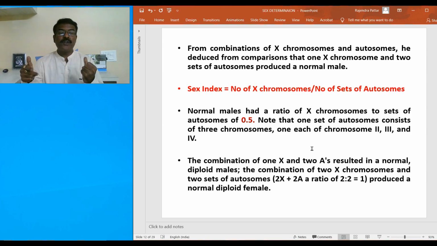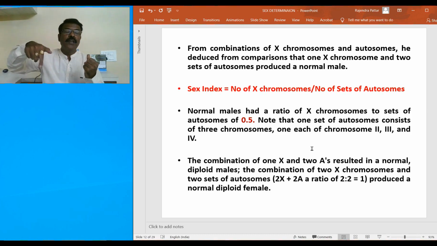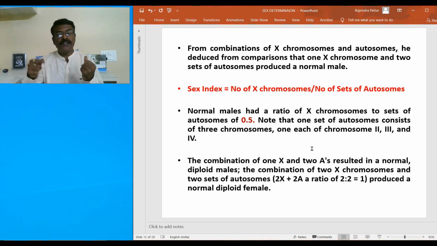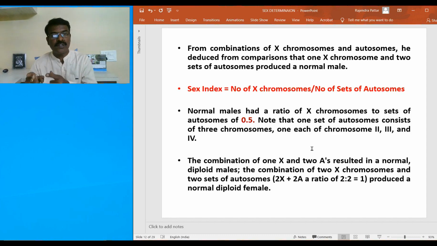Whatever genes express maleness are not present on the Y chromosome; they are present on the sets of autosomes in the sperm or in the zygote. So we need to consider a formula: sex index, or capital I, is equal to the number of X chromosomes divided by the number of sets of autosomes, because autosomes carry the genes for the expression of maleness in Drosophila.